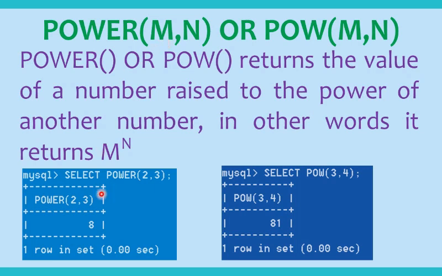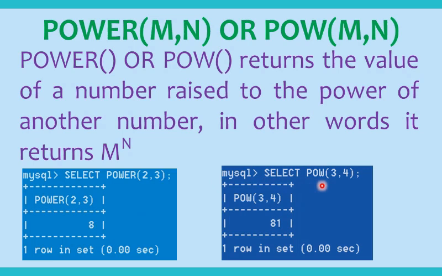Let's see with the example. Command is written select power 2, 3. It means the output would be 2 raised to power 3, means 2 into 2 into 2 equals 8. The output will be 8. See the next example.